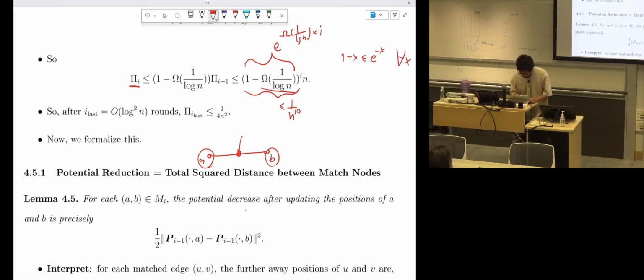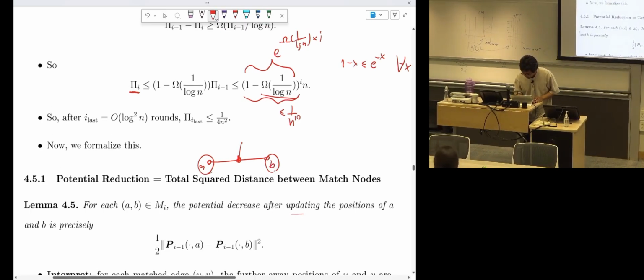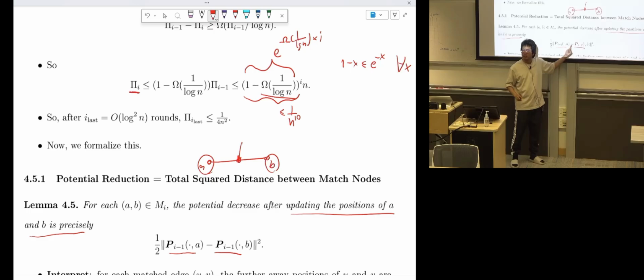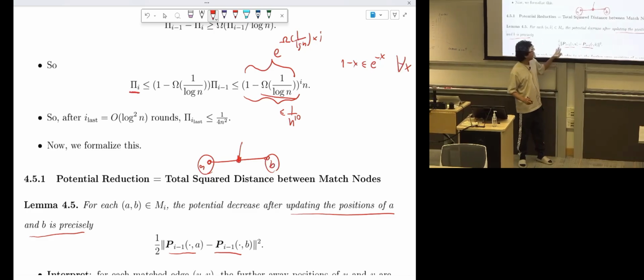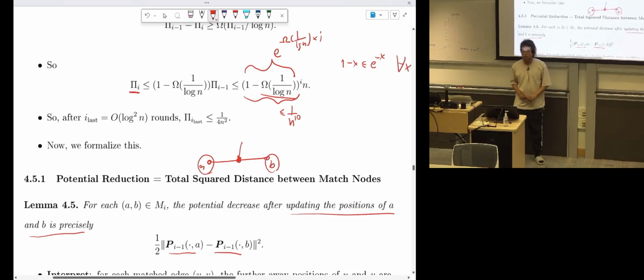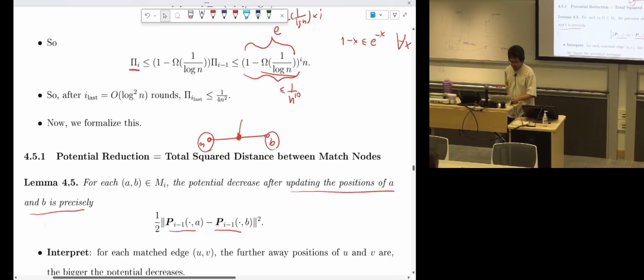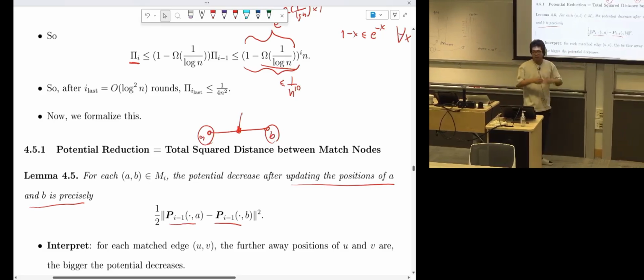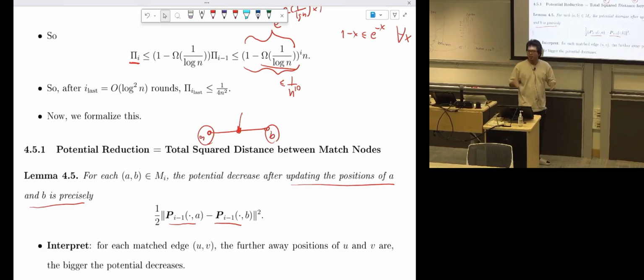The potential decrease after updating the positions of A and B, meaning that you just average them, is going to be exactly the distance between A and B squared, with some scaling factor. To interpret this, it just means that you want to match the guys that are far away, like what we have thought.